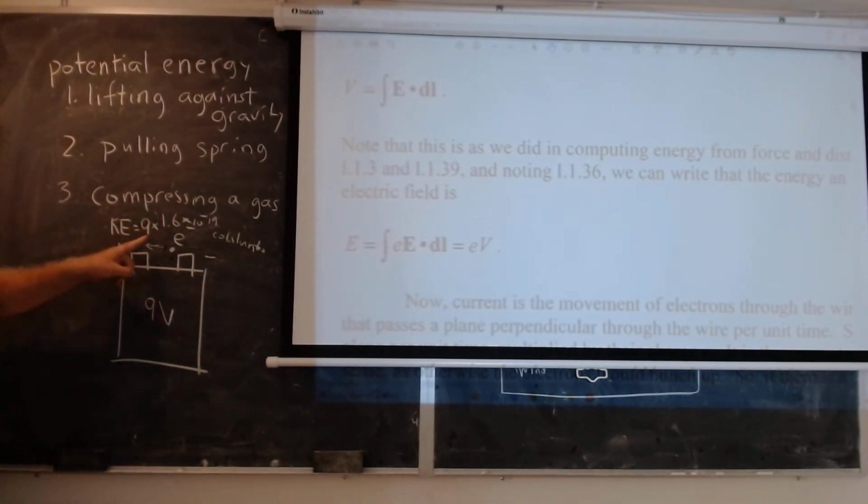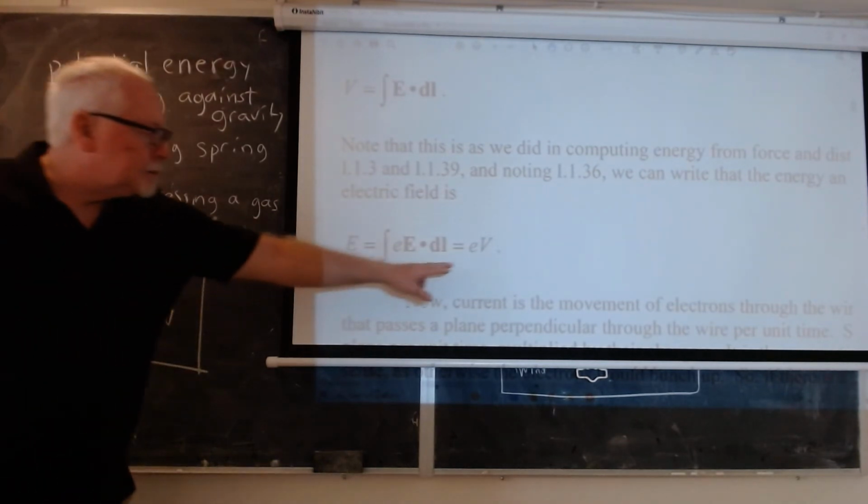Get it? Charge times voltage. And so that would be the kinetic energy of that electron. So that's how you figure that out. It's pretty easy. Energy is charge times voltage.